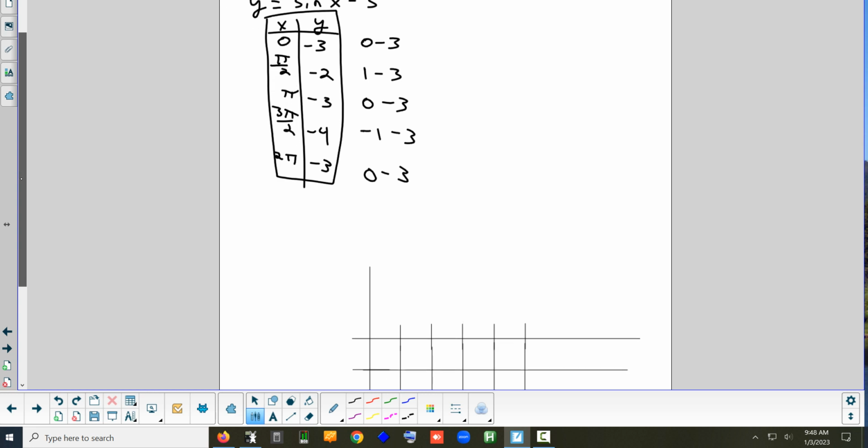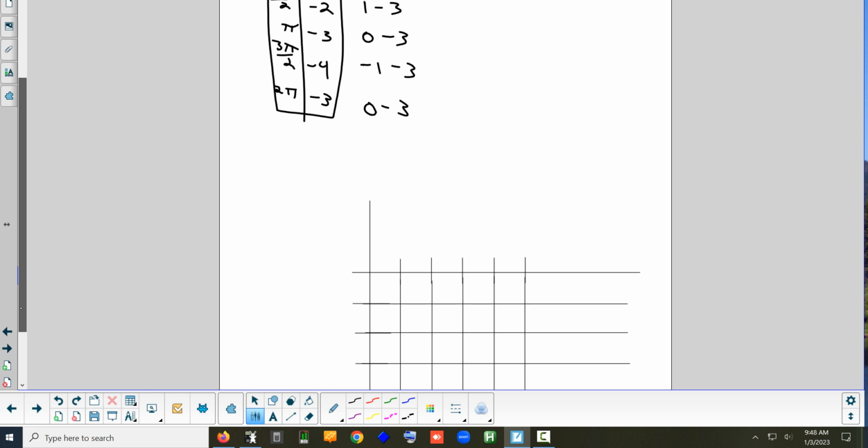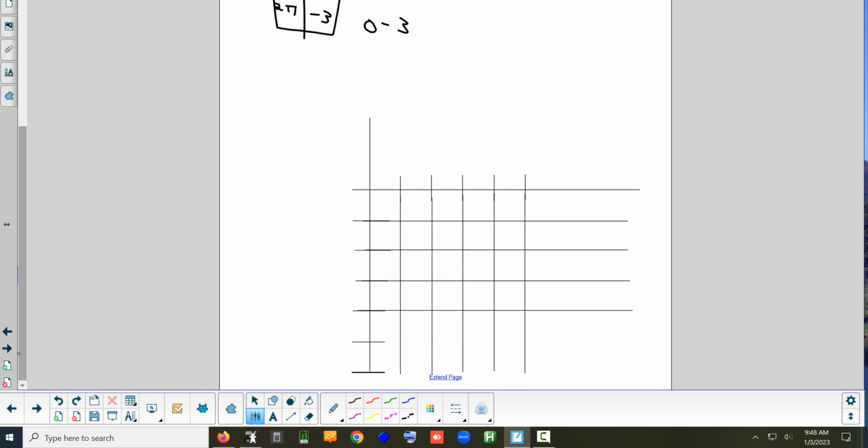And now we'll do our sketch. So I'm going to label my x-axis. I'm going to put the labels above the axis because I know that I've shifted down. So my sketch is going to be below. So put the labels above. I'll make this one bold so you can tell it's the axis. All right.